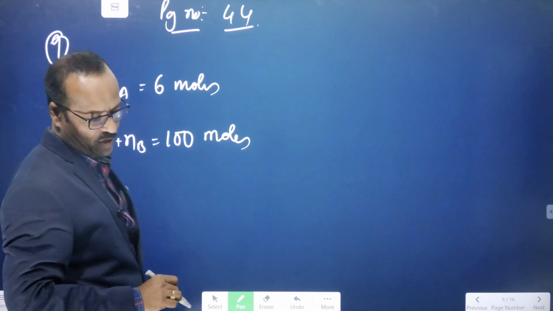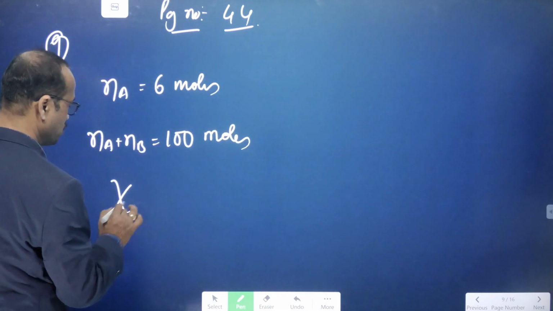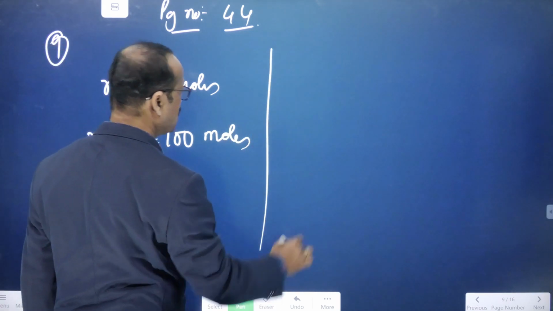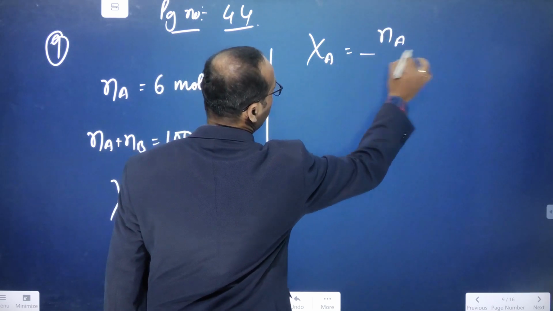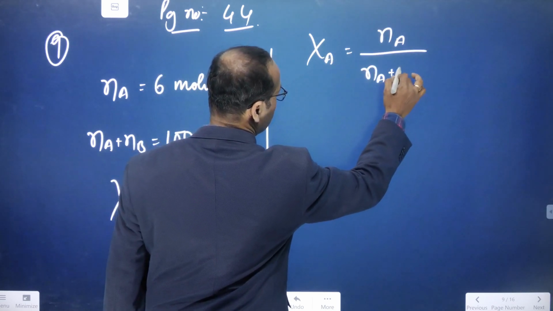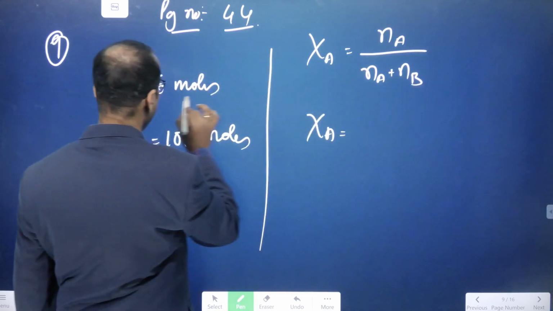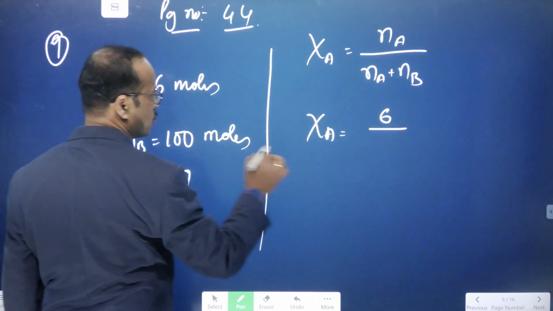Now what are they asking to find? They are asking to find the mole fraction of solute, Xa. What's the formula? Xa is equal to Na by Na plus Nb. Correct? So Xa is equal to Na, 6, by Na plus Nb, 100.